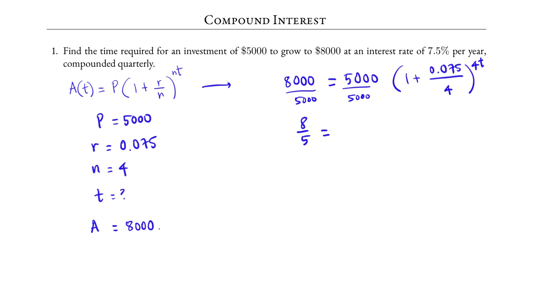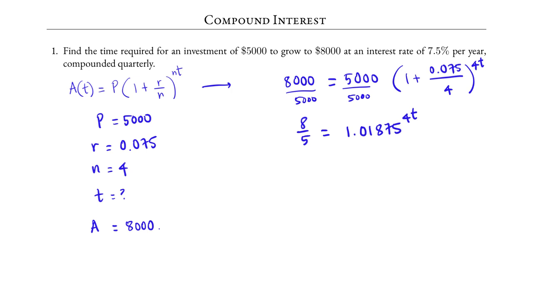We also simplify the expression inside the parentheses. 0.075 divided by 4 gives us 0.01875, plus 1 is 1.01875, raised to the 4t power.